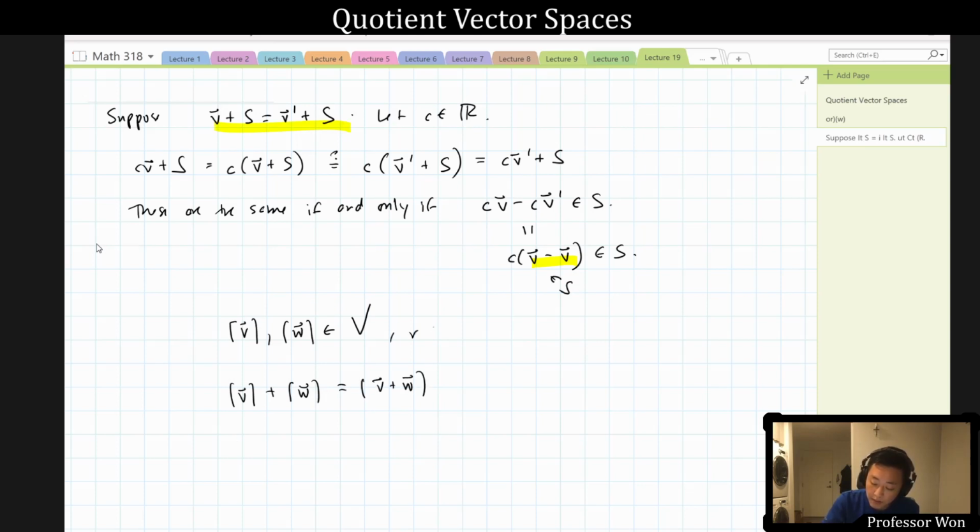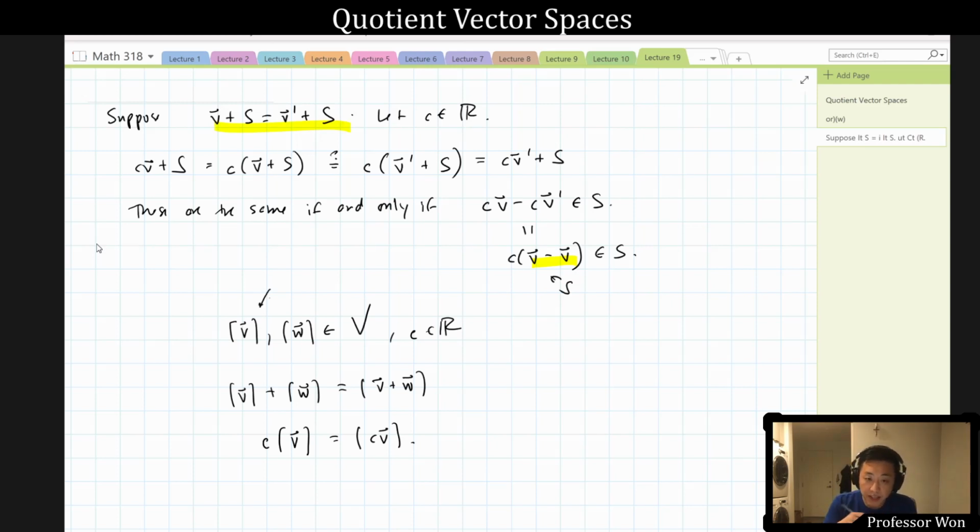And if you let c be a real number, the scalar multiple of this new vector, which is a whole plane, is the same thing as the plane containing the scalar multiple of v.